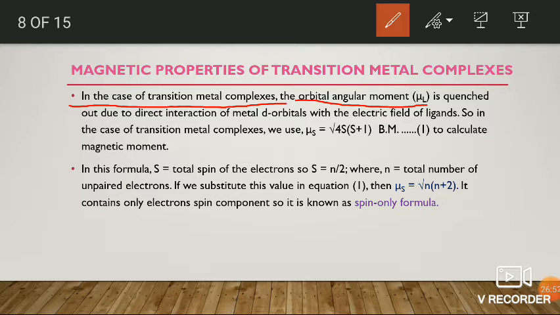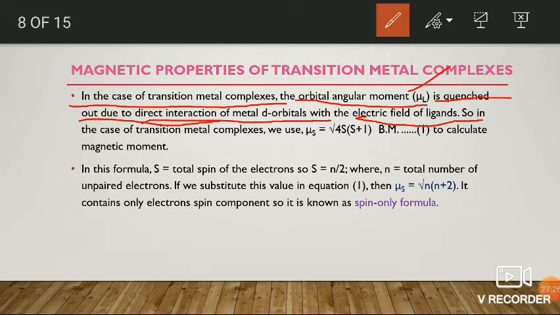This is because in these complexes the orbital angular momentum mu L is generally quenched out, due to the direct interaction of the metal d orbitals with the electric field produced by the ligands. Here there is a direct interaction between the metal d orbitals and the electric field of the ligands.